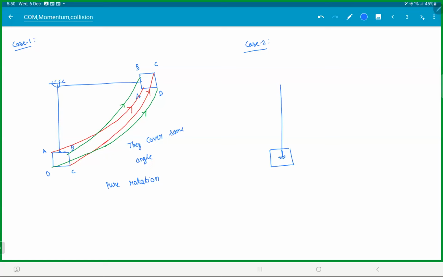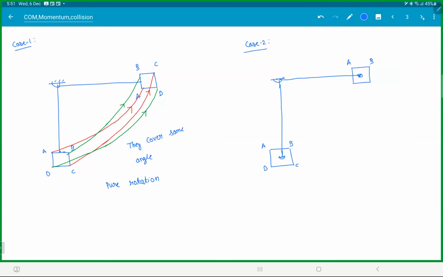So if this was hinged, and if I rotate this by 90 degrees, now how will the orientation be? If this was A, B, C, D, what was this?